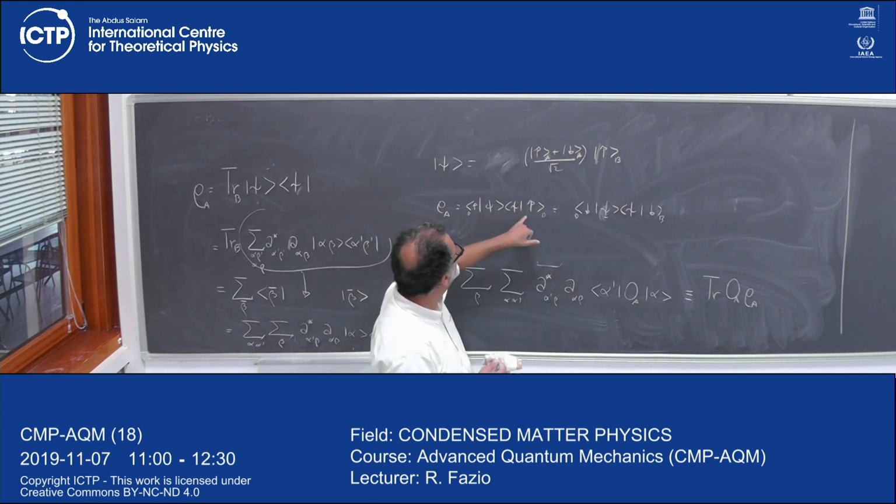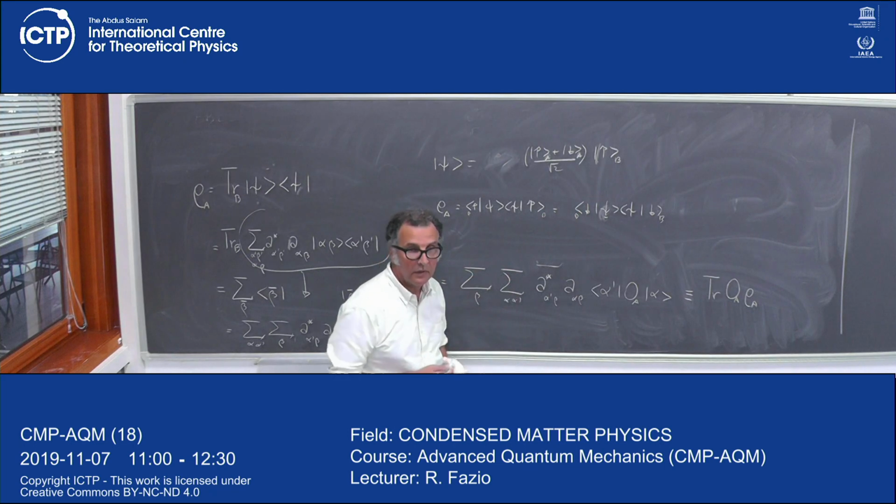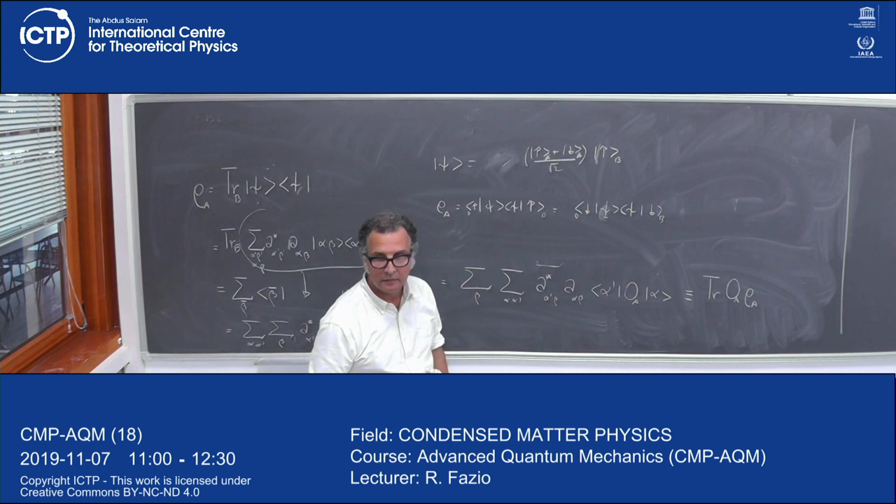I have to do the scalar product of up B with up B. What do I get? Non-zero. 1.